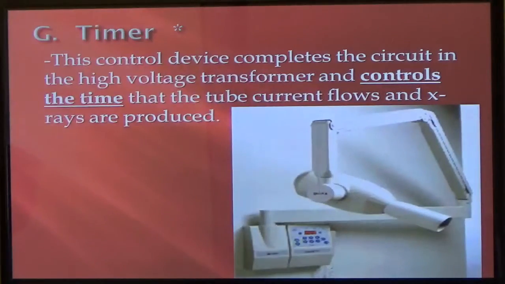You have a timer, and it's going to be set to whatever tenths of a second you're going to beam for. And again, if you have an old or a more dense patient, you're either going to increase the energy or you're going to increase the time to get a better image that you can read. It just depends on the patient.